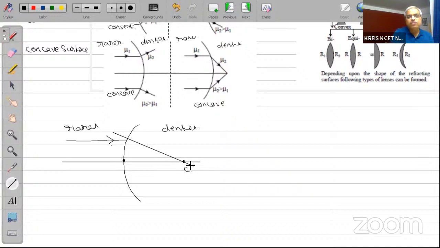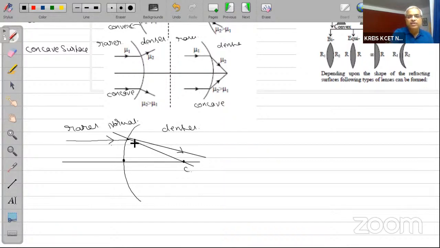Now this will be your normal that you have drawn. Okay, now what is your understanding? Rarer medium to the denser medium, a ray will always bend towards the normal, correct? Therefore this ray of light will now bend towards the normal. So therefore it will go and meet this particular point.